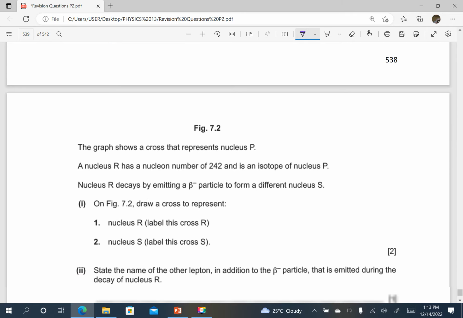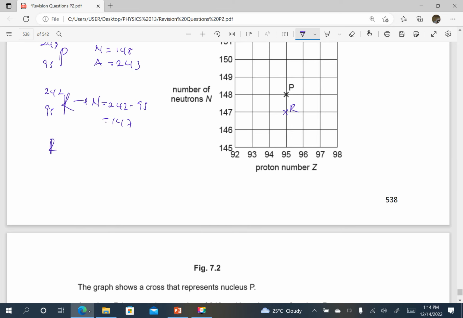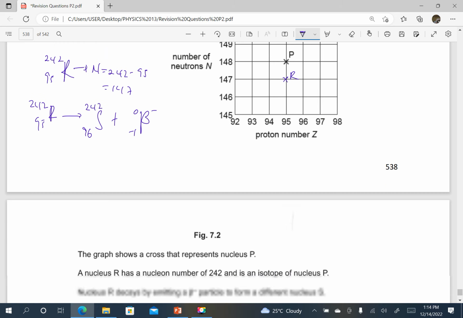Then nucleus R decays by emitting a beta minus particle to form nucleus S. So R, 242, 95, is emitting nucleus S with a beta minus particle, 0, -1. So proton number increases by 1, so this will be 96. Nucleon number does not change, 242.